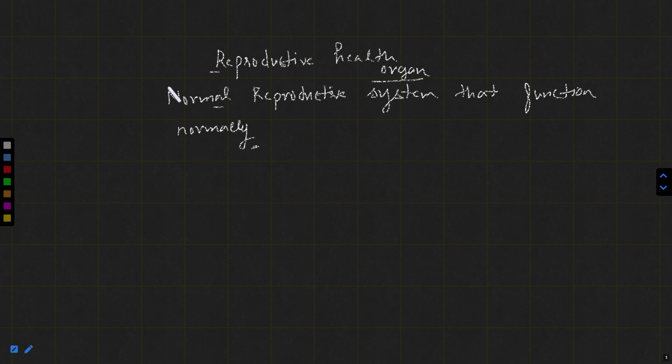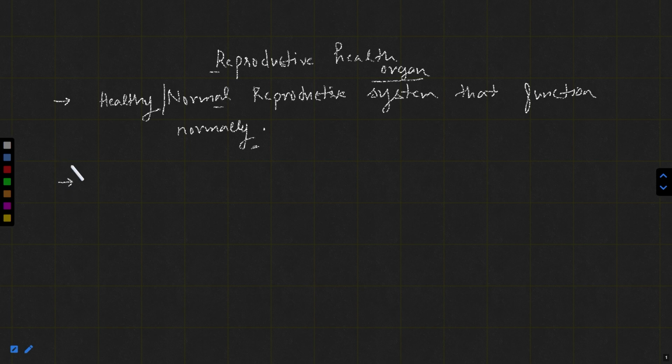Here, instead of normal, you can also write healthy. A healthy reproductive system or reproductive organ that functions normally means, if we are talking about males, they are producing viable sperms, and females are producing viable female gamete, which is the ovum or the egg. Alright, so this is the simple definition of reproductive health.